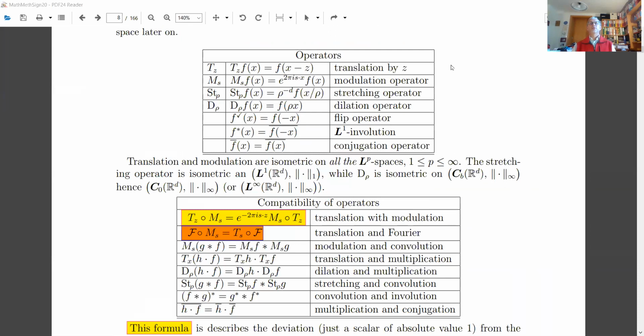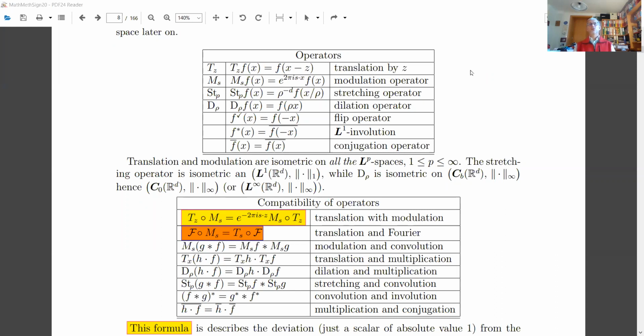The translation operator, we can define it on many spaces. Sometimes we will also use the modulation operator, and it's very nice to check not only for ordinary functions, but also for measures, that modulation can be called a frequency shift operator, because if you modulate a function or a measure, so you multiply it with the bounded continuous functions, and we can do so, then its Fourier transform will be just shifted.